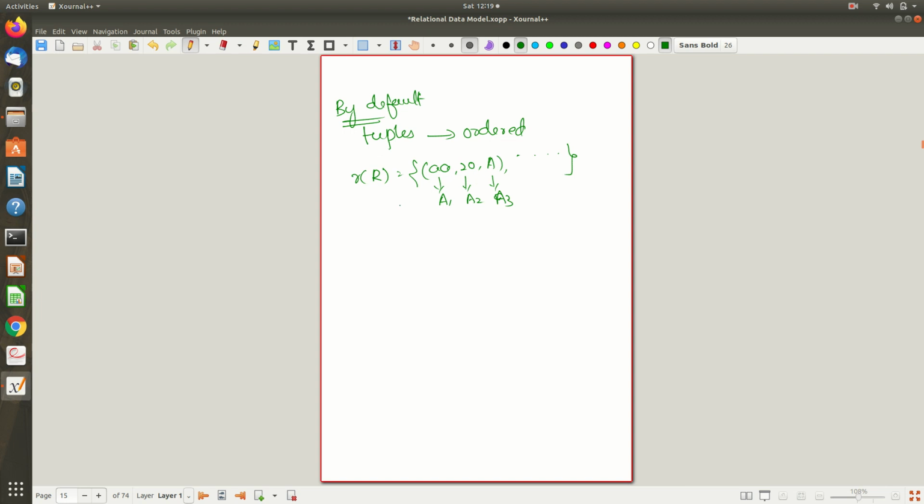But at the same time, you have an option. If you want, you can make them unordered, right? So how can tuples be unordered?